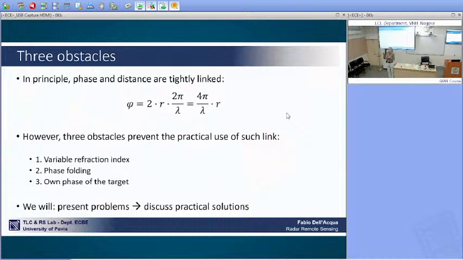But what is the problem? Well, there are huge problems, especially this, phase folding. Phase, by its own nature, will fold. When you get to 360, it's 0. Then you start all over again. See the problem? You start all over again.